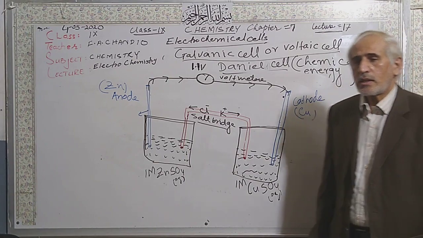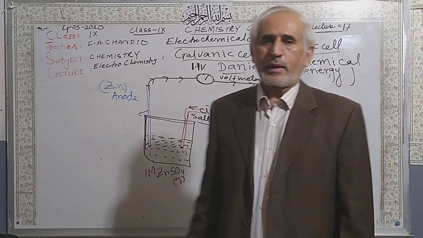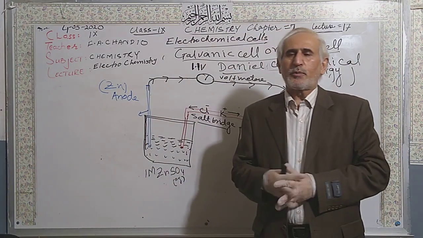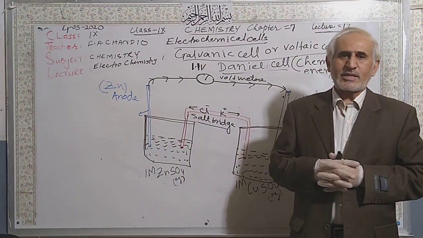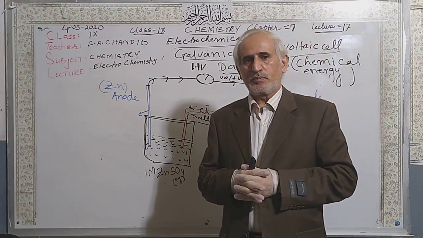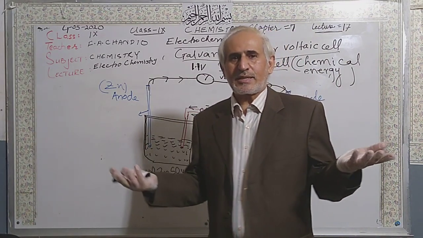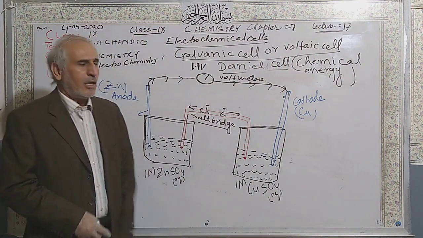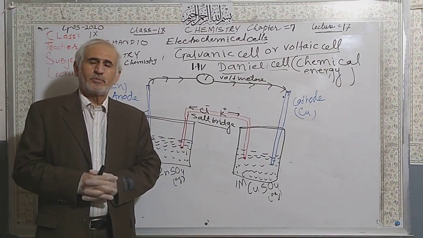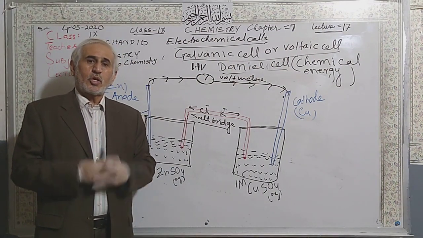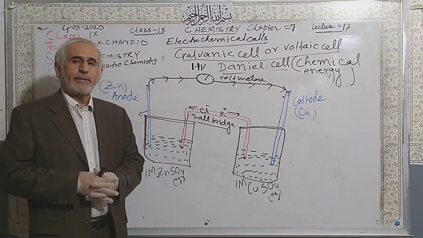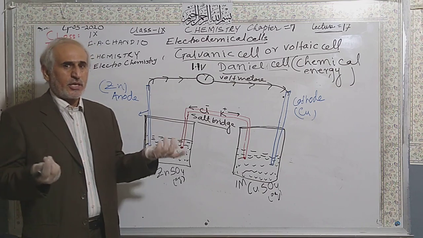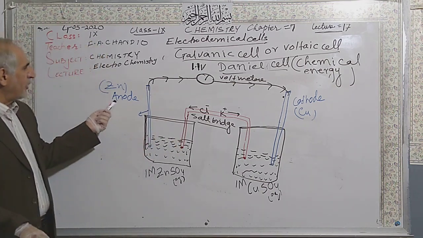And students, in a very important section we completed before in my lectures, oxidation and reduction. If you are discussing an electrolytic cell or galvanic cell or Daniell cell, there should be oxidation and reduction. So oxidation and reduction must be happening here. We have to write the chemical equation where the oxidation and the reduction are clearly written.